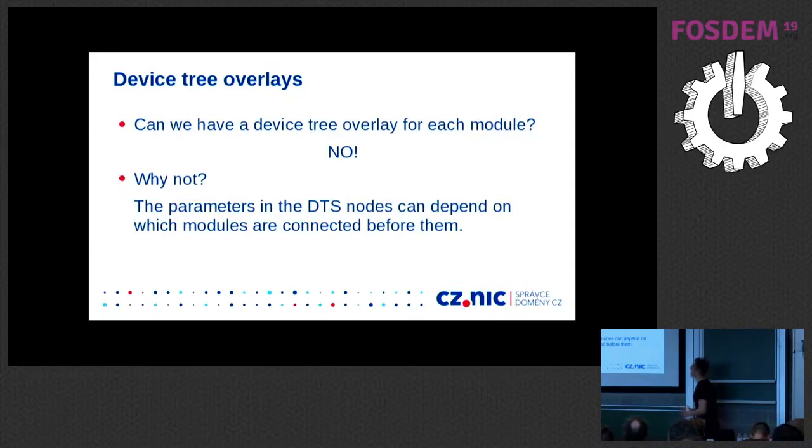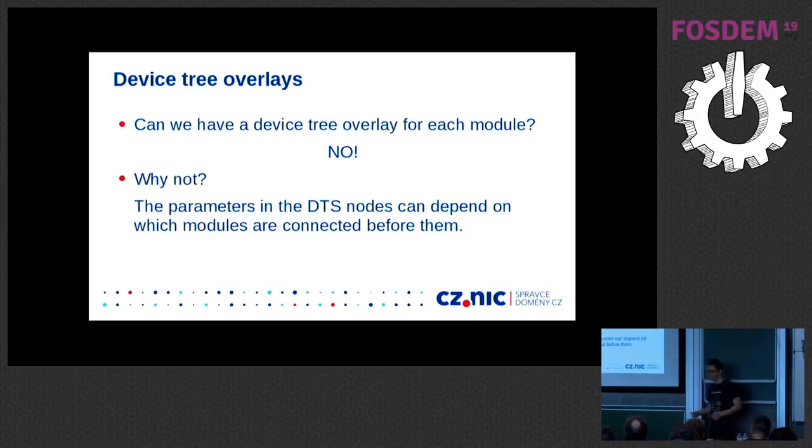So the question is, can we use device tree overlays for each module on our board? And the answer is no, because the parameters in the device tree for each module depend not only on which module this is, but also on where in the topology it is connected. So if it is in the second place after some different module, then the parameters have to change for this module.